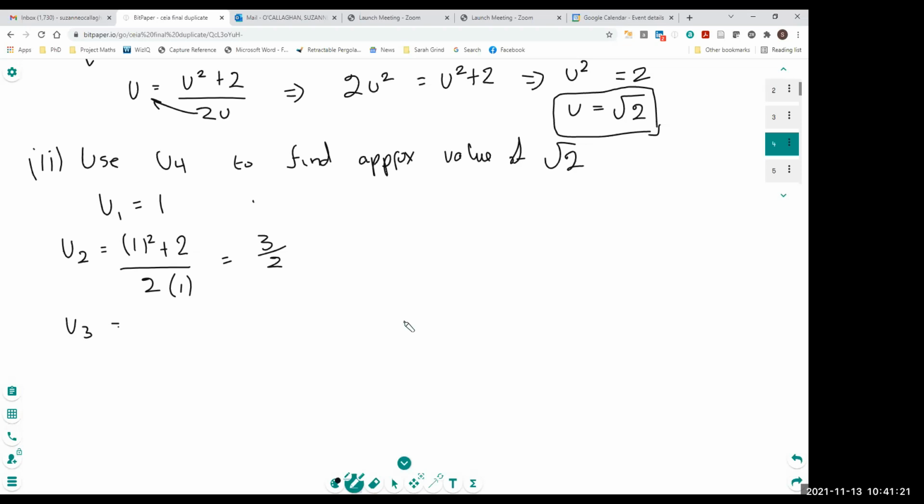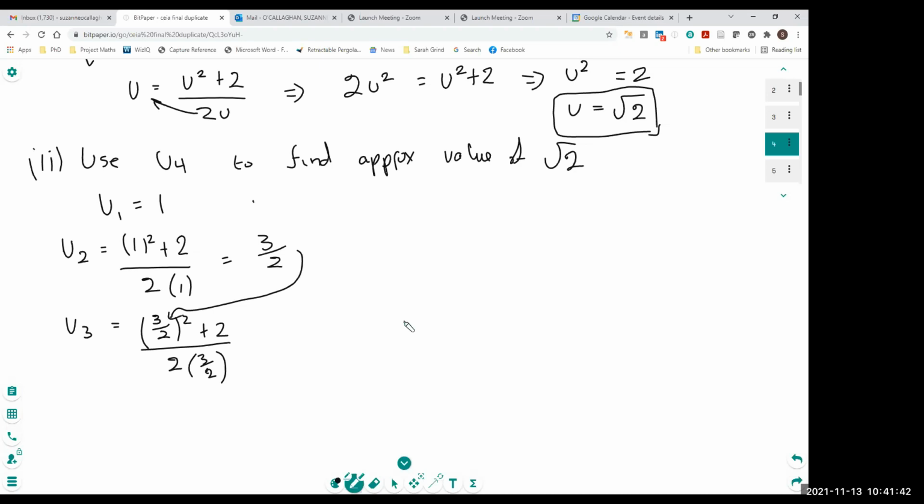U3 is equal to 3 over 2 squared plus 2 all over twice 3 over 2, because we're using this in our recursive formula.